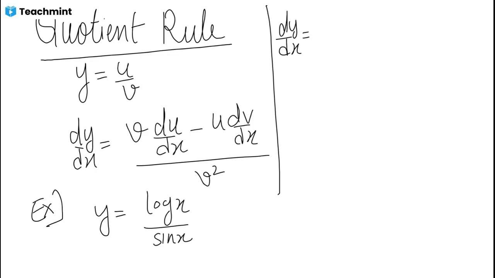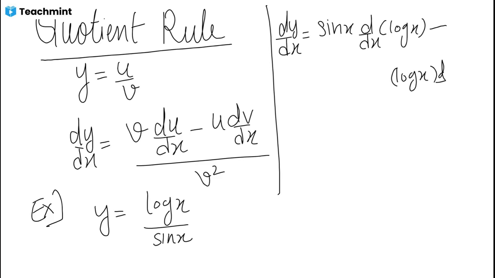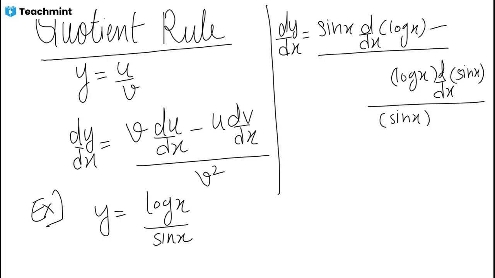Write down the denominator first, that is sin x, and differentiation of numerator, that is log x, according to the formula or rule, minus numerator into derivative of denominator, and over denominator square, that is sin square x.